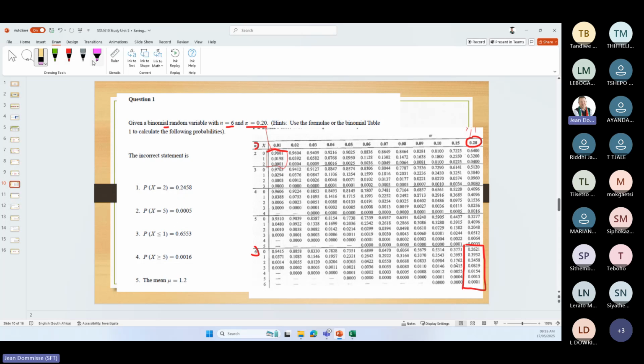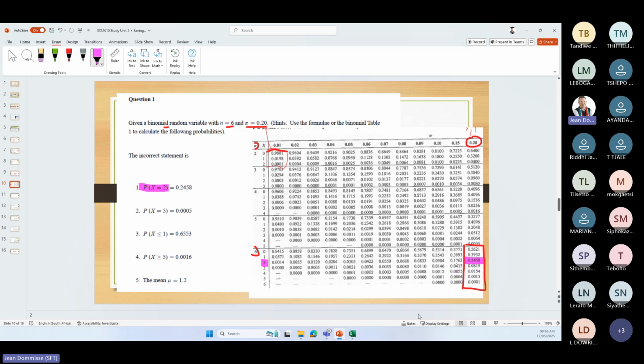And again, I want to use the different colors. So where n is 6, we've already identified that pi is 0.2. We want to look at where x is equal to 2. So there's x equal to 2.